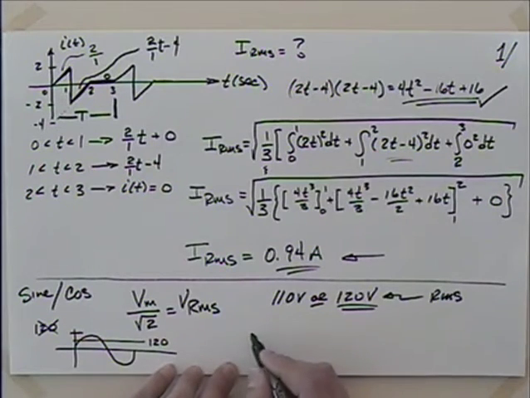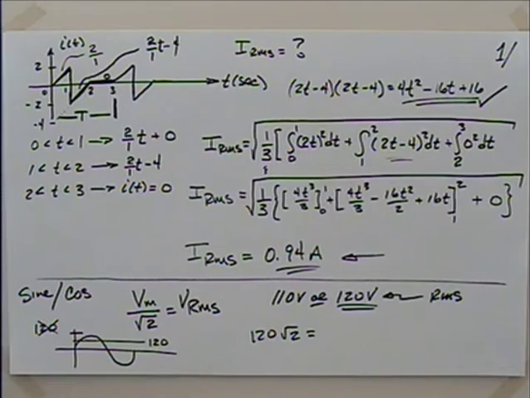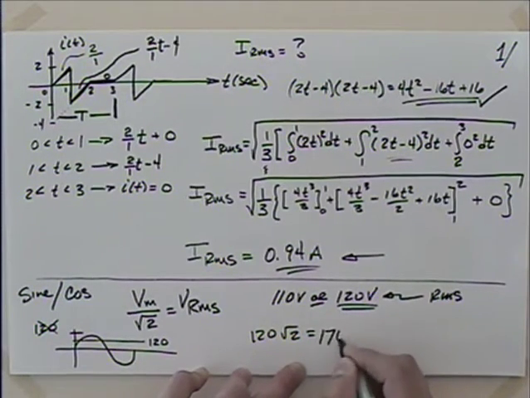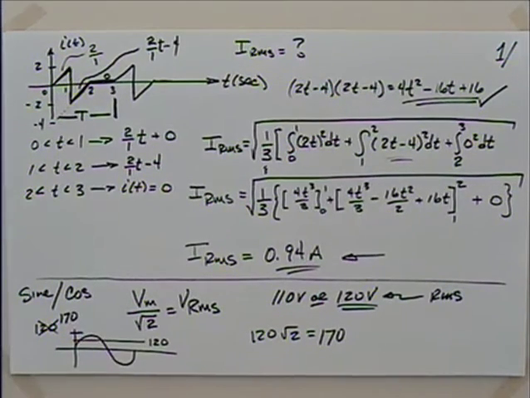So we take this 120, multiply it by the square root of 2, and what do we come up with? 170 volts? Yeah, so we'd be up here at about 170.